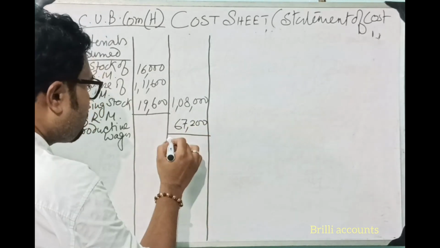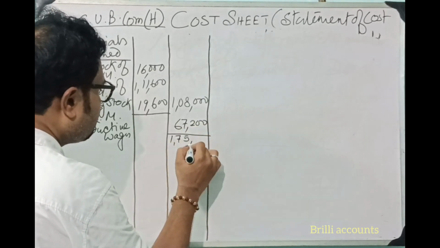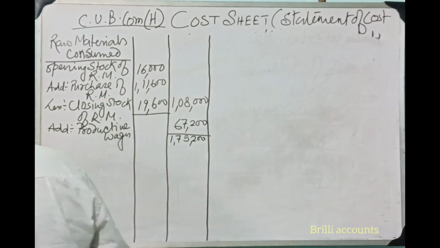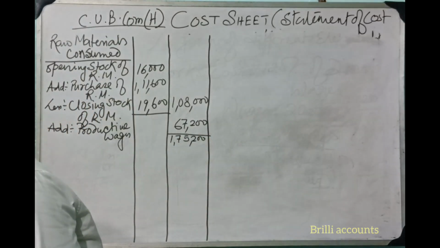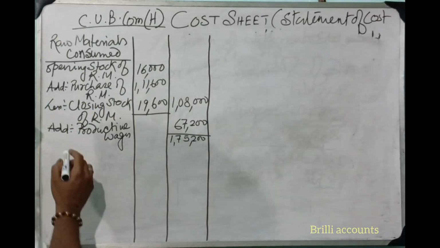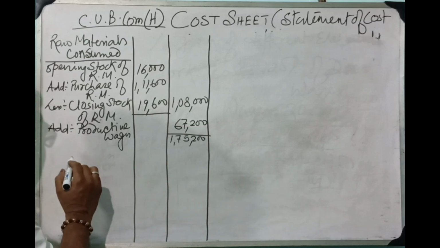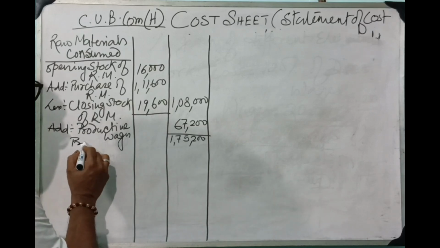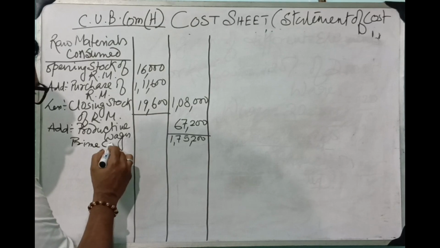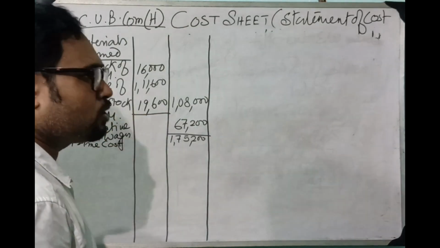Addition will be 1,75,200. Is it so? 1,75,200. That is called our prime cost.